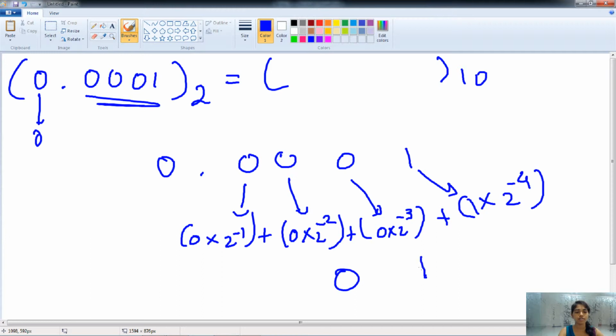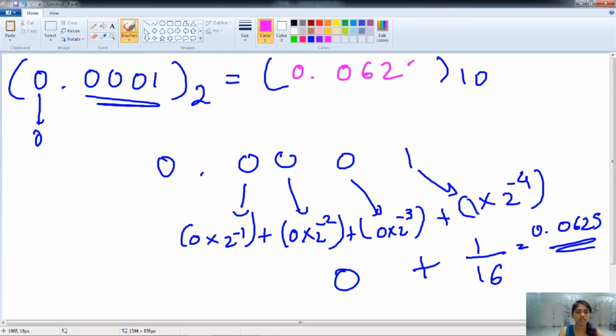For 2 raised to minus 4 we would get 1 by 16, and this is equal to 0.0625. So this is our answer. I'll write it here: 0.0625.